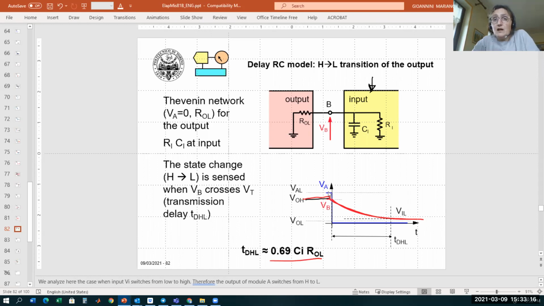So at the exam, if I ask you to calculate the delays, you have only to plot the equivalent circuits and then evaluate the time constant of the equivalent circuit. So this is the time constant of the equivalent circuit.